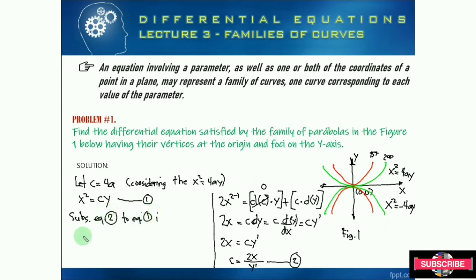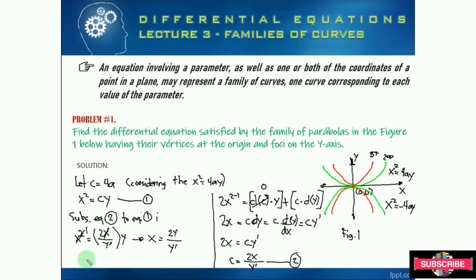So we can say that x squared is equal now to c, which is 2x over y prime. Okay, so 2x over y prime times your y. Okay, so the common variable is here, so that would only be 1. So this would be equal now to x equal to 2y over y prime.